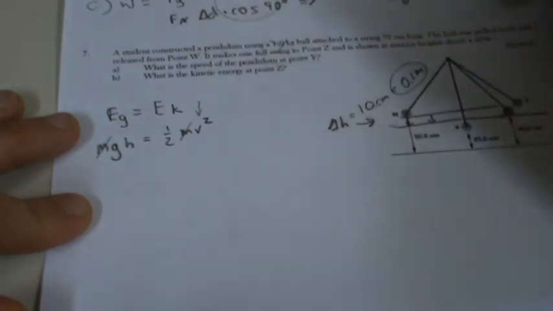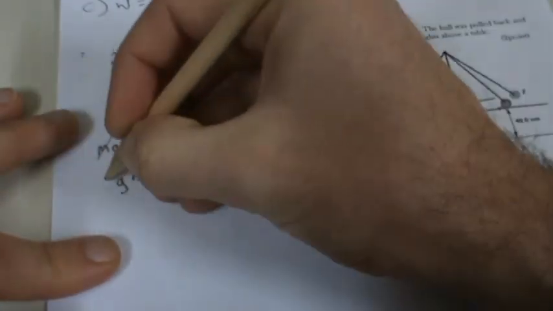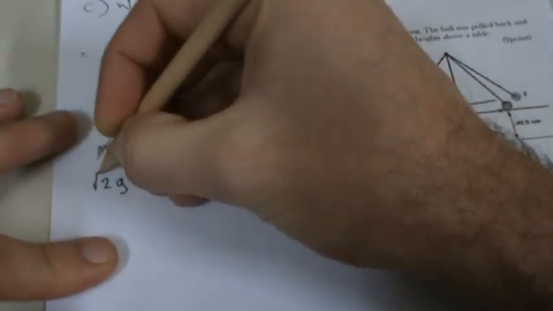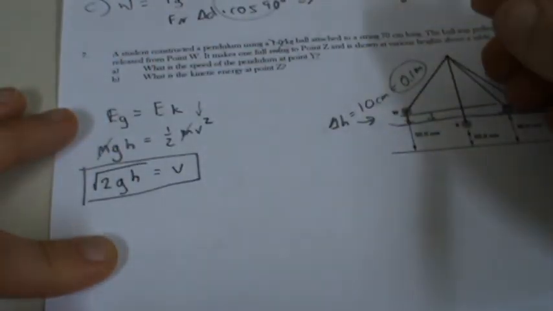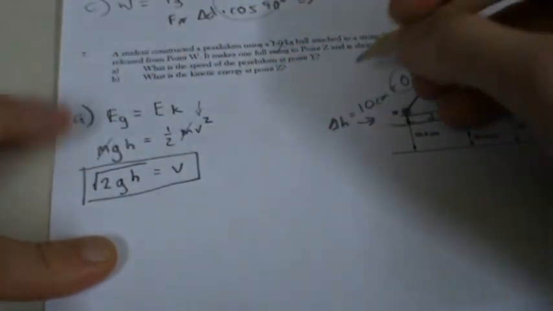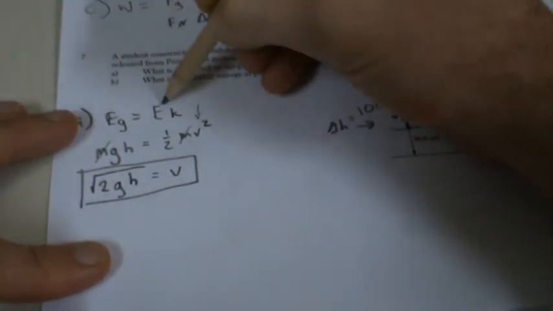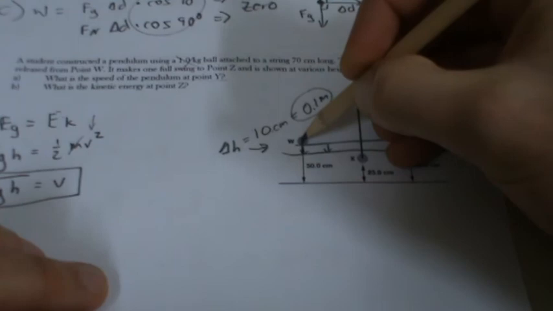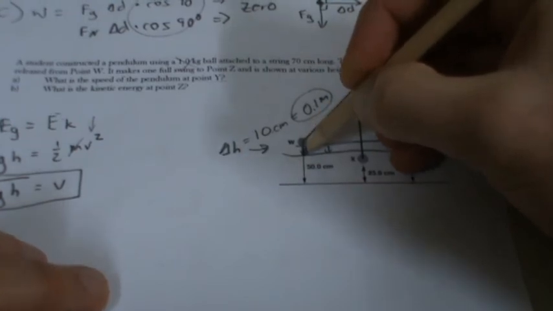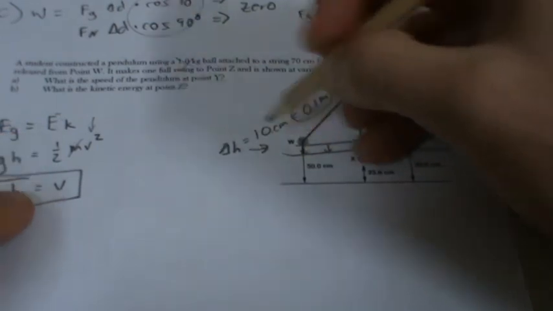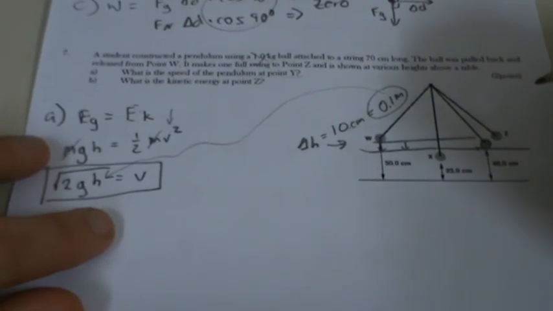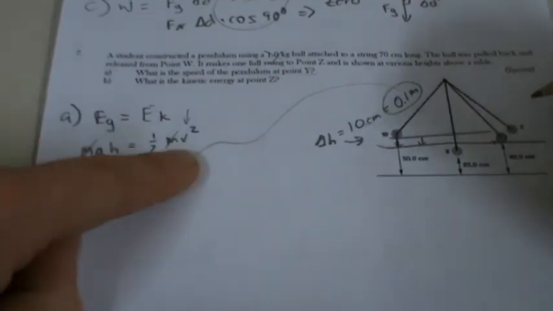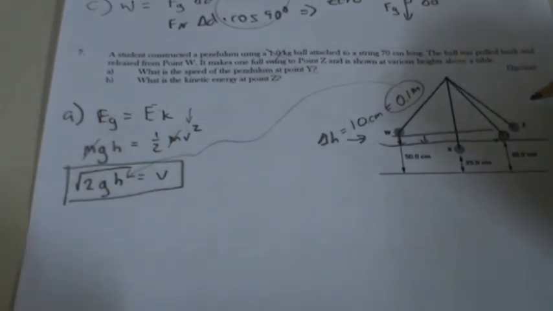We didn't even need to know the mass of the ball. And so to figure out the velocity, it's the square root of 2gh. This is part A. And again, it's law of conservation of energy. Gravitational energy, it falls 10 centimeters. So all of that gravitational energy from a 10 centimeter fall becomes kinetic energy. So that's the thing, you have to put that in there.